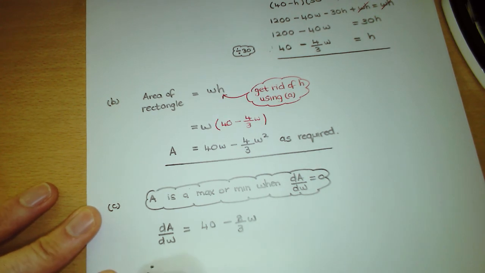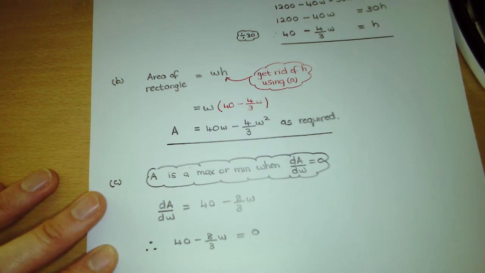So therefore 40 minus 8/3 W is equal to 0. We're going to multiply through by 3. So we're going to get 120 minus 8W equals 0.